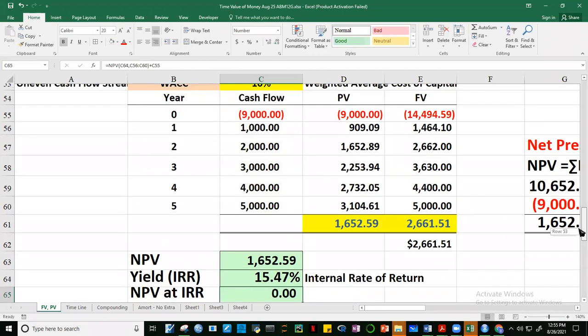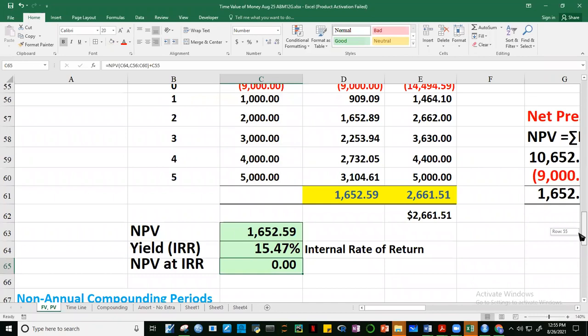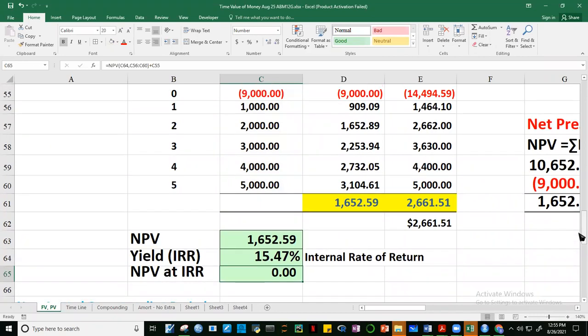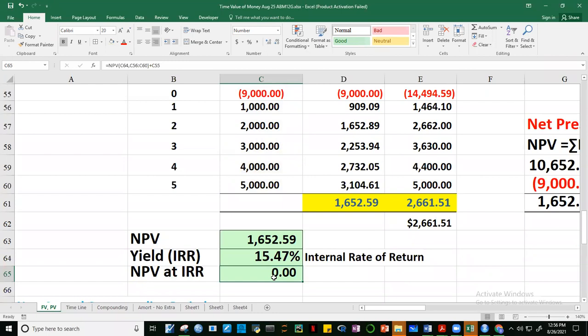So sabi natin, when the WACC is equal to IRR, we are indifferent to accepting the project or not. Kasi parang na recover lang natin yung minimum hurdle rate. Okay, so NPV is the net present value of your cash flows will be 0.